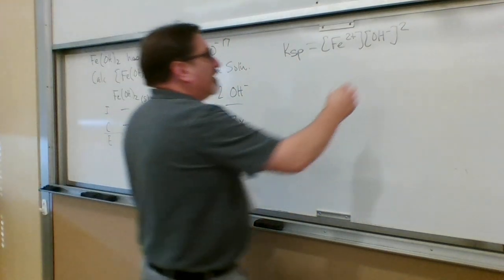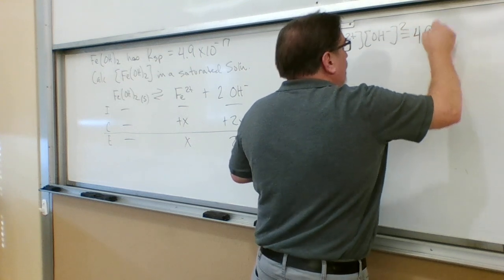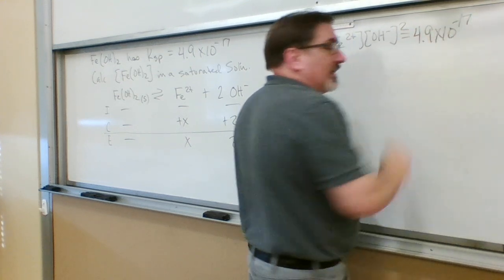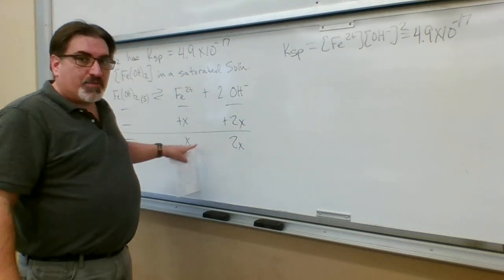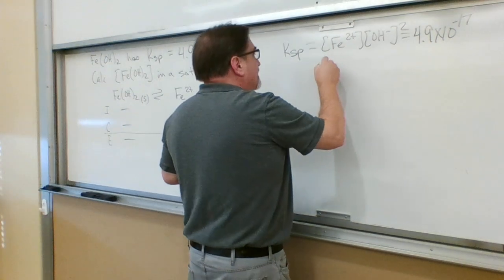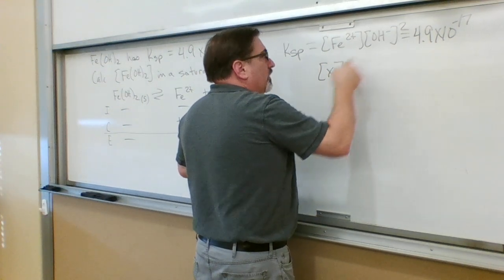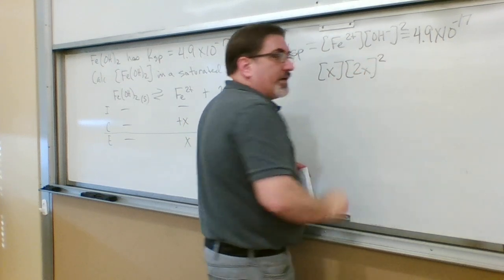And that has a numeric value of 4.9 times 10 to the minus 17th. So we plug in our algebra expressions into KSP. So Fe2+ is X. OH minus is 2X quantity squared.